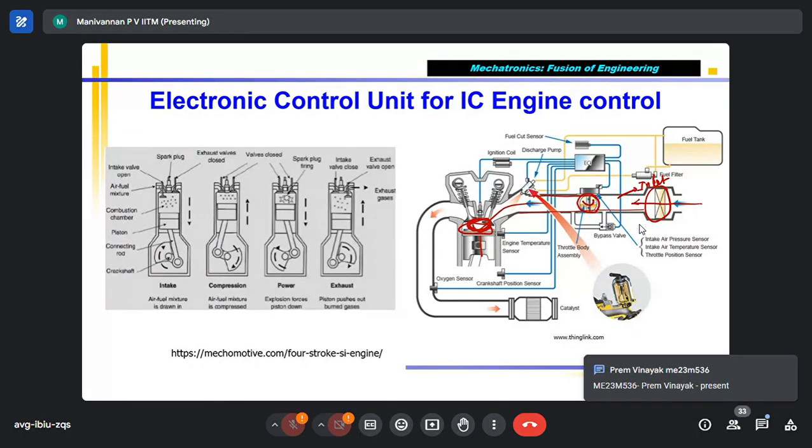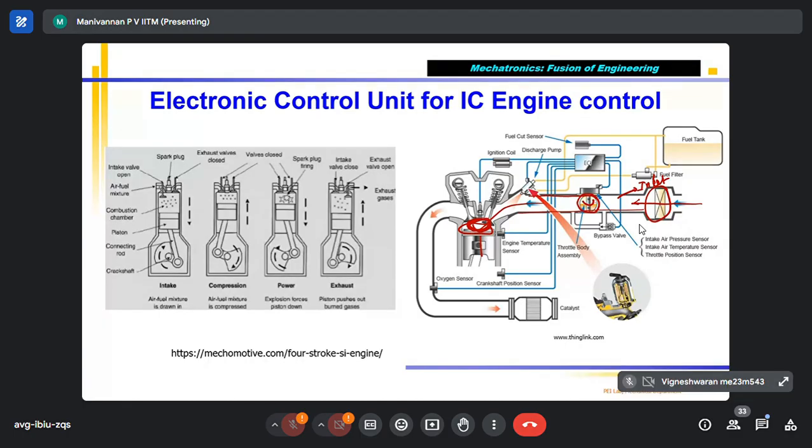Swirling action happens, so the actual manifold pipe is not straight. Air will enter and swirl inside the combustion chamber, so the fuel and air will mix and a homogeneous mixture is created. Designing the inlet valve itself is a special art, which we will do separately, but we are not here to know that.